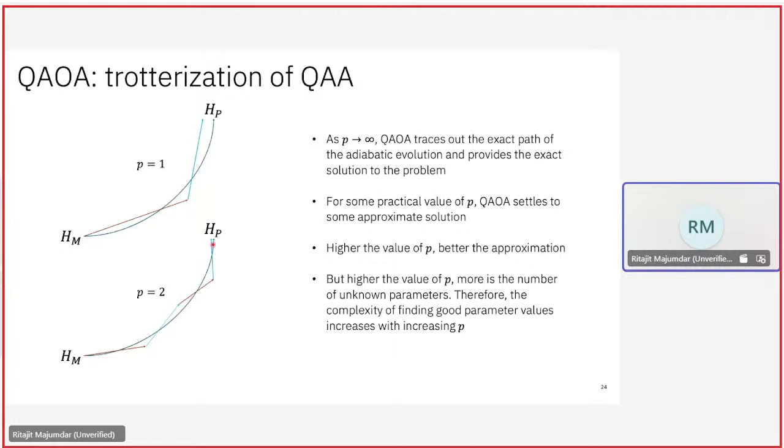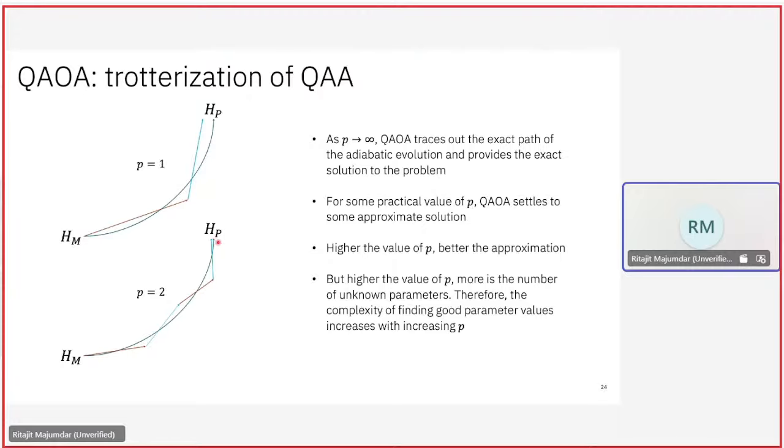But of course, we cannot take p equal to infinity. That's as good as saying that you do the evolution infinitely slow. That's not practical. For some practical value of p, QAOA will settle down to some approximate solution. And since we are doing trotterization, the higher the value of p, the better is the solution. You get closer to the actual ground state that we want.